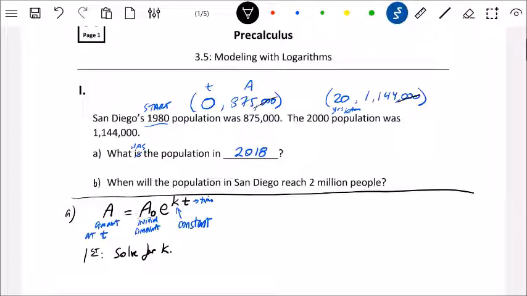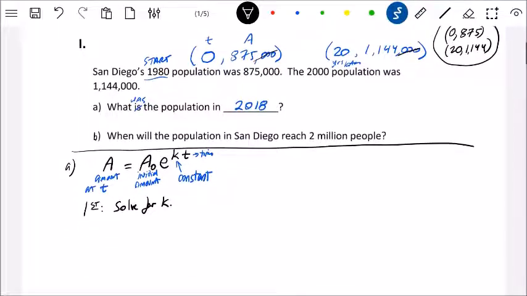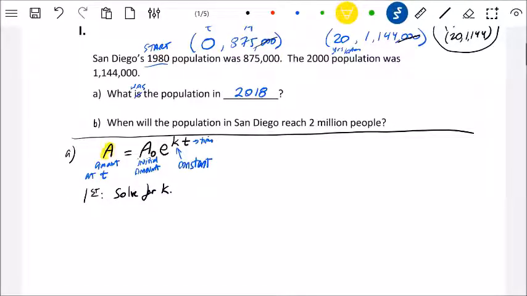So our two points are (0, 875) and (20, 1144). Those are the ones we're going to use with t and A. The first one gives us the initial amount. We're going to fill in each of these things, and e, of course, is just on the calculator. Because we fill in the others, k will be the only thing we don't know. So the first thing we're doing is solving for k.